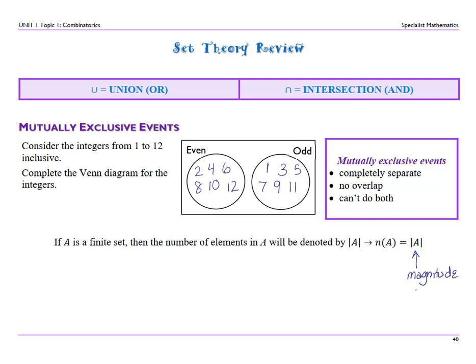So if you think about it that way, it's size, so it's the number in the set. If I wanted to look at how many even numbers there were in our set, I could write it like that. And we have 6 numbers. The size of it contains 6 things.